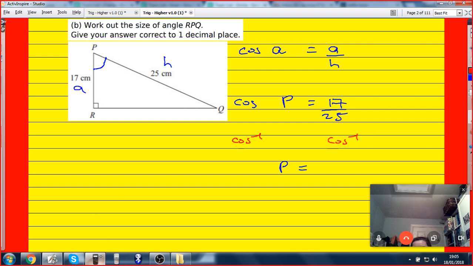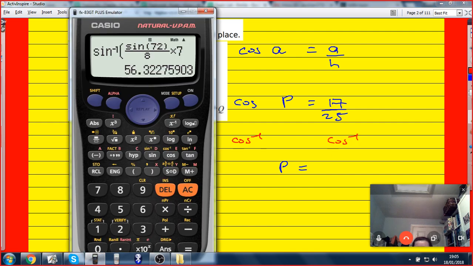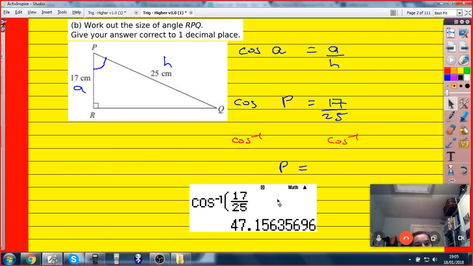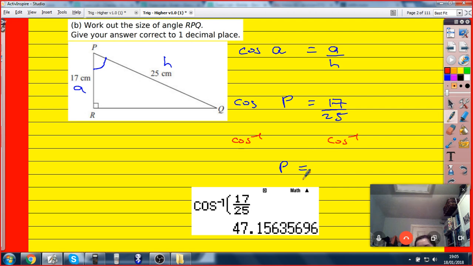Brilliant. And how do you get that cos minus 1 on your calculator? The shift. Yeah. Shift, then cos 17 over 25. Brilliant. So I didn't give you any help at all there, and you got it all. To one decimal place? 47.2. Well done.